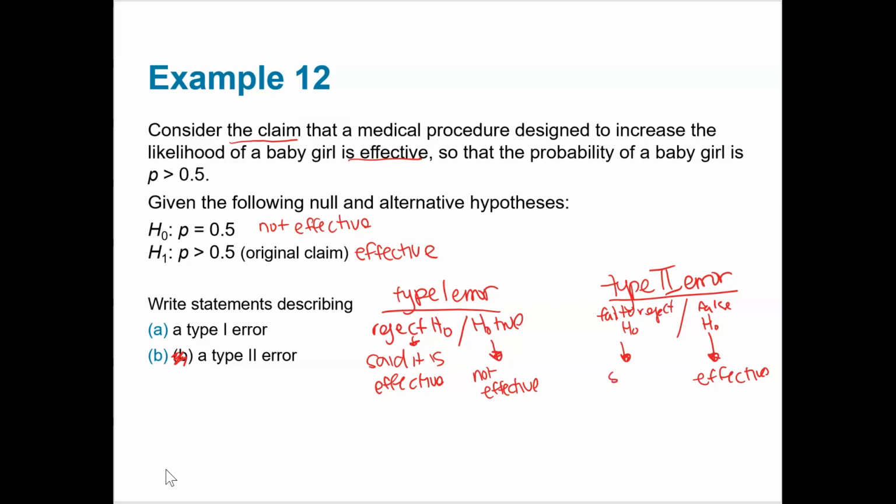So we say that it is not effective. So that's when we say it's not effective, but it is effective. That would be the type 2 error. And that's less harmful if you say something is not effective, but it was. I mean, it's harmful if it's a very important drug procedure or something, but I think in general, it's more dangerous if we say something's effective and then it's not.